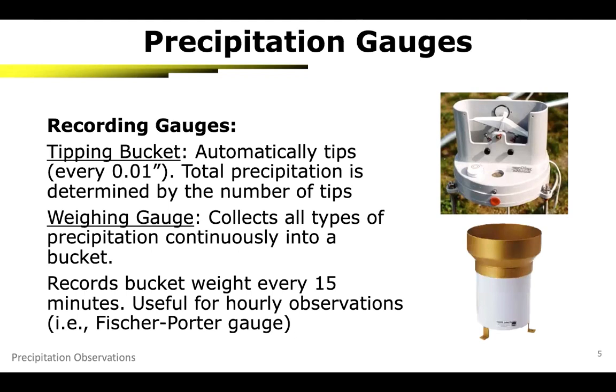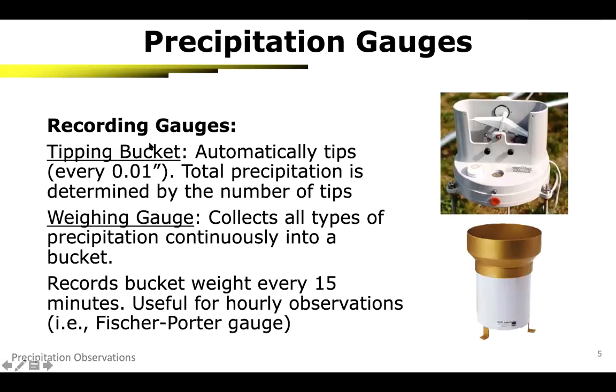The second type of gauge is called a weighing gauge, and this collects all types of precipitation continuously into a bucket. So the primary difference between these two gauges is the first gauge, the tipping bucket, will only count as long as we hit some threshold, right?